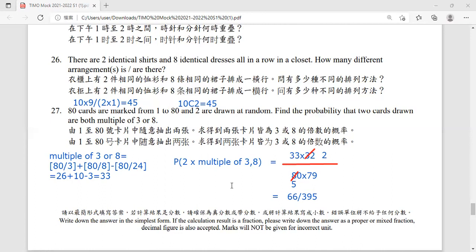So you times 32 by 79, and you simplify. You got the answer 66 over 395. Any questions? Okay, then 28.